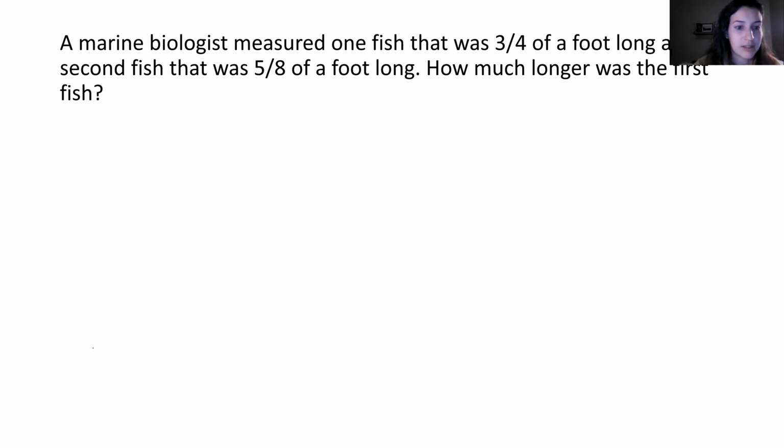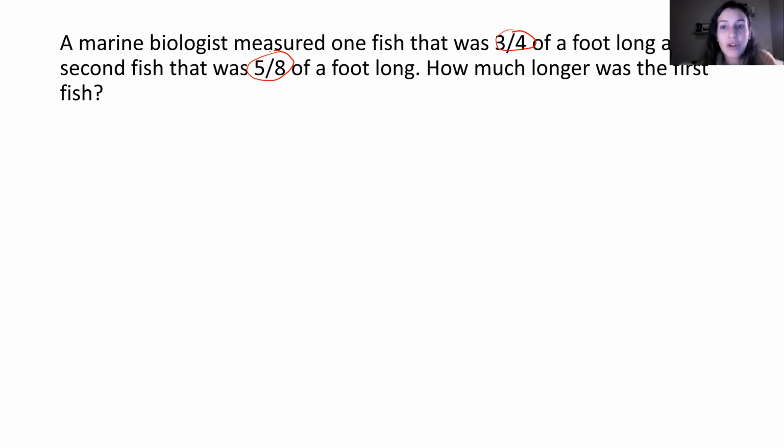So I'm gonna start annotating here. Right off the bat, let's identify the numbers we're working with. We have 3/4, 5/8. So we know in the context of this video that we have to add or subtract those numbers. So let's think how we decide if we'll be adding or subtracting.